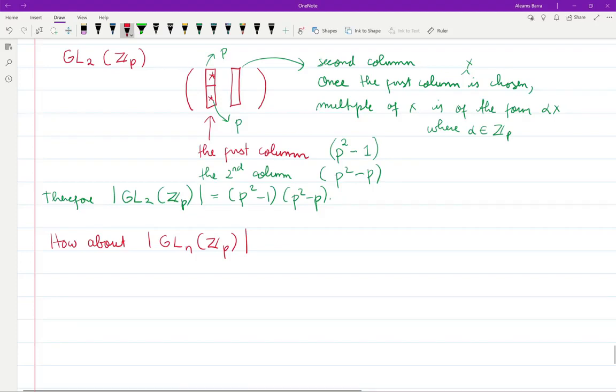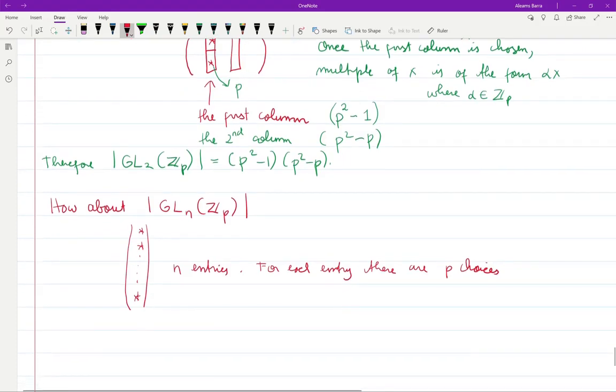Remember that for the first column we can choose anything but the zero vector. The first column consists of n entries, and for each entry there are p choices, namely 0, 1, 2, up to p minus 1.